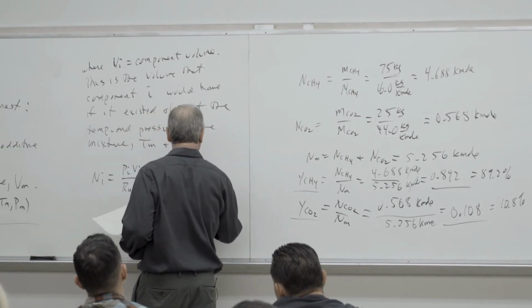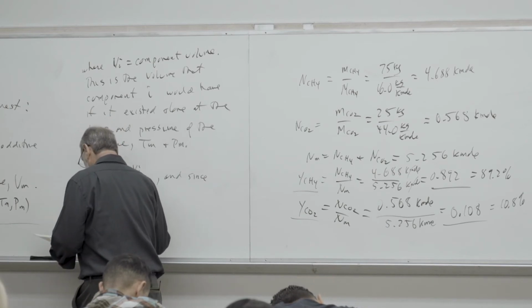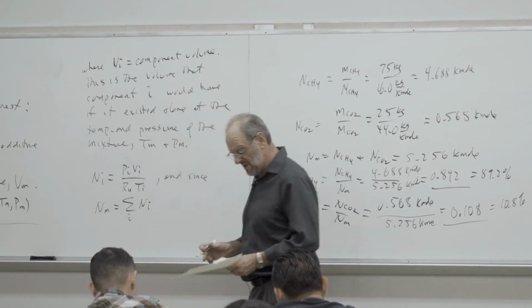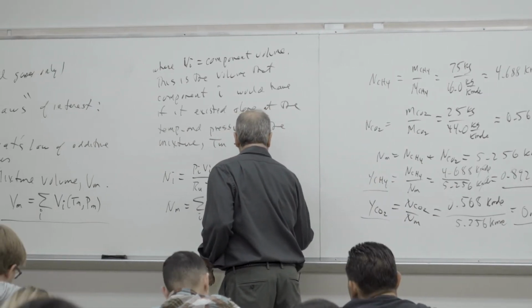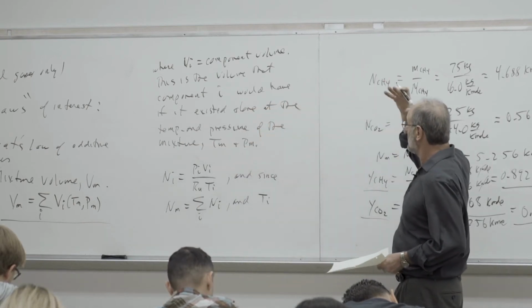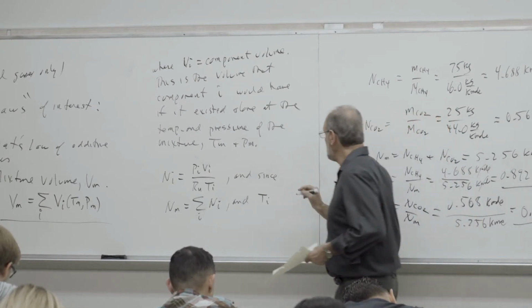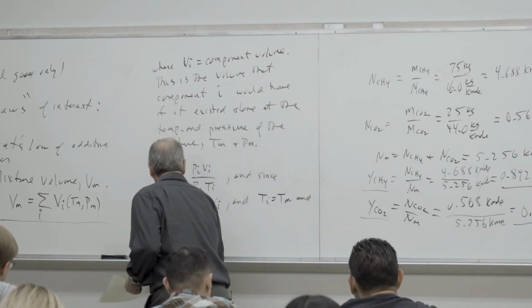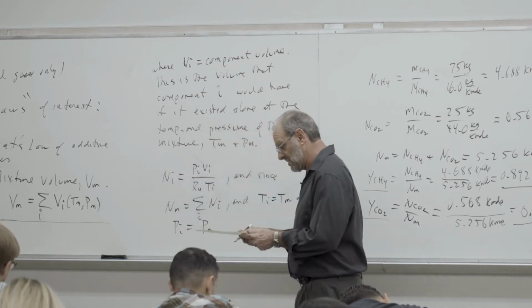And we'll note that the number of moles of the mixture is just going to be the sum of the number of moles of each component, and since based on this particular definition of the component volume, we know that the temperature of component i is the same as that of the mixture, so Ti equals Tm, and the pressure of each component, Pi, is going to be equal to the pressure of the mixture.